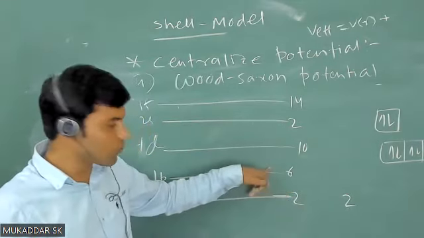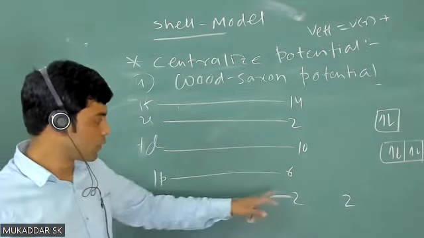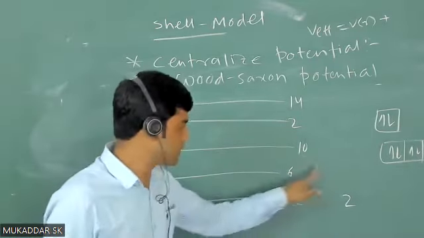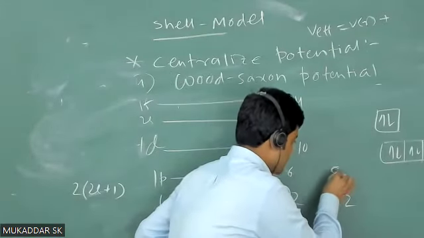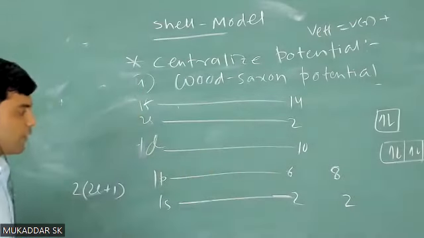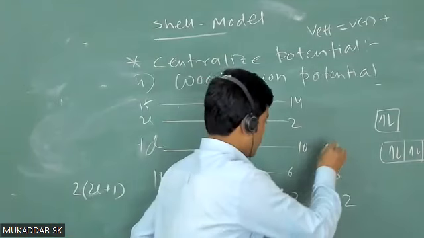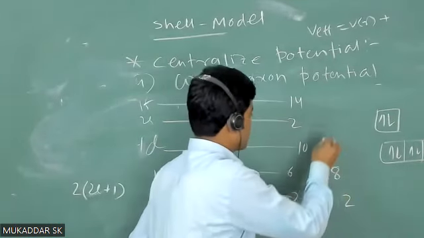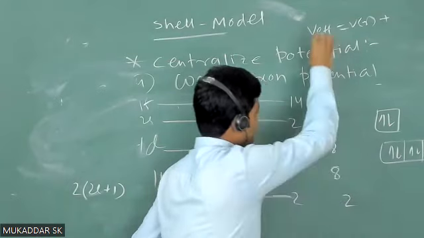When will the next shell close? When it has 6. So 2 plus 6, that will be 8. Next 18, next 20, next 34, 30, next 40 and so on.